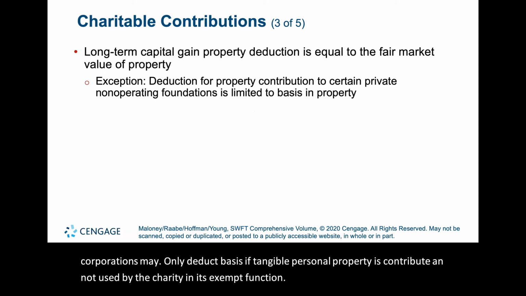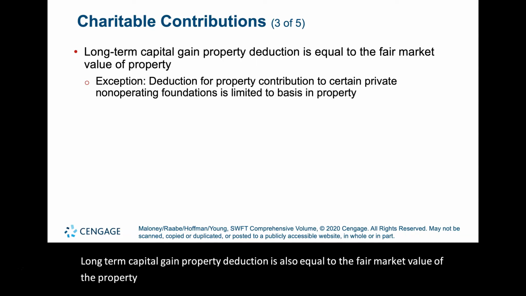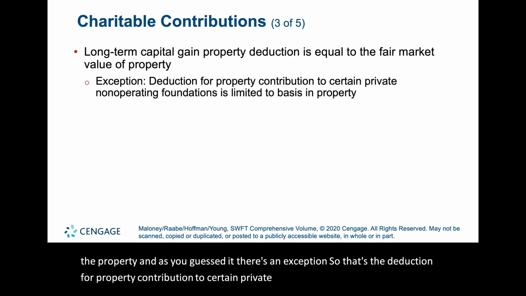Long-term capital gain property deduction is also equal to the fair market value of the property, and as you guessed it, there's an exception. So that's the deduction for property contribution to certain private non-operating foundations is limited to the basis in that property.